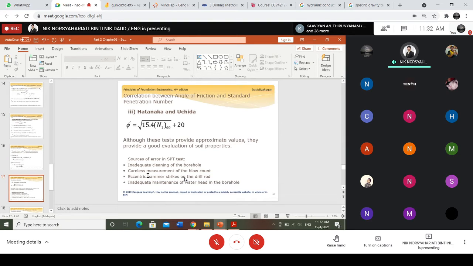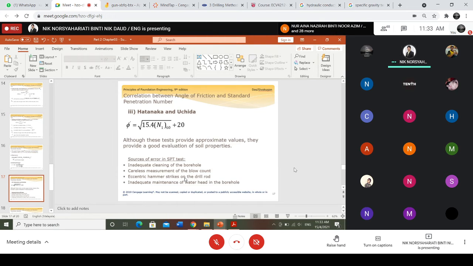Of course, if you look back at the explanation from your friends about the boring methods earlier, we have a different type of auger, wash boring, drilling, and so on. So this part can of course affect the data that you want to get from the borehole, which is not so clean. I mean, about the borehole, of course, I will talk about dirt, right? Then the careless measurement of the blow count.